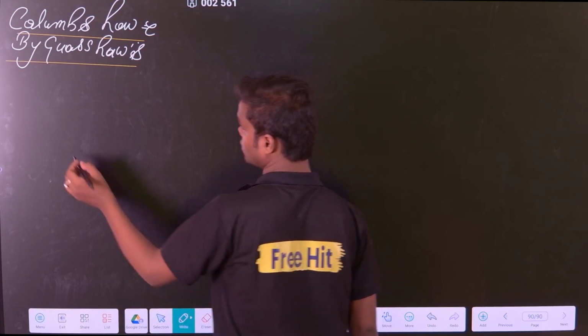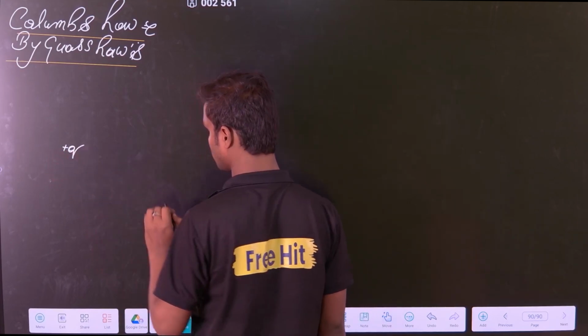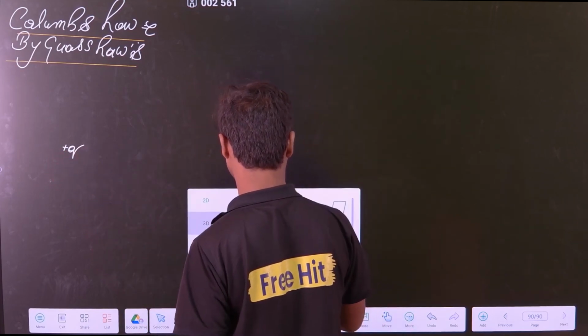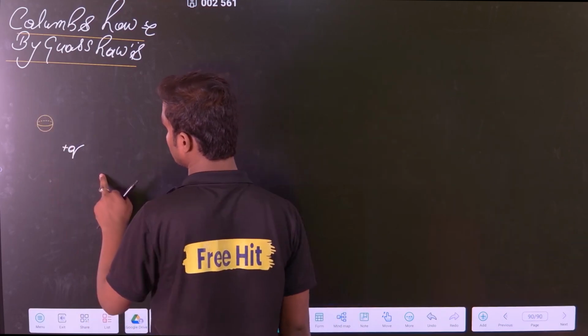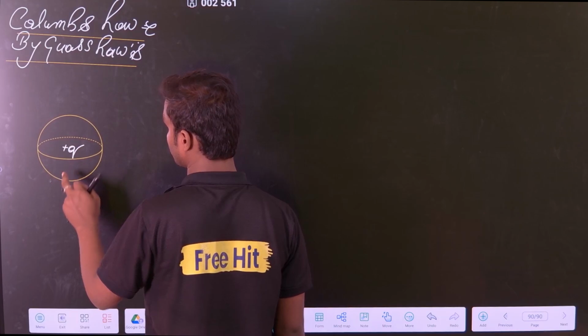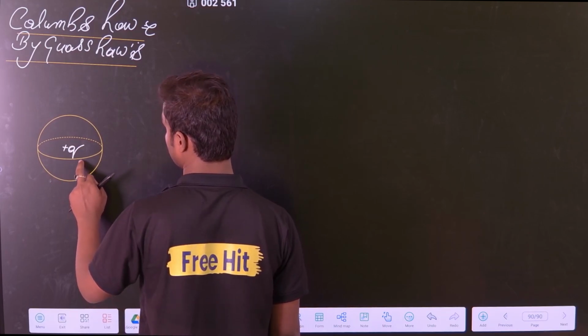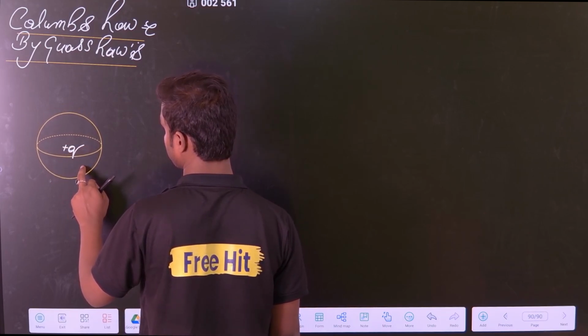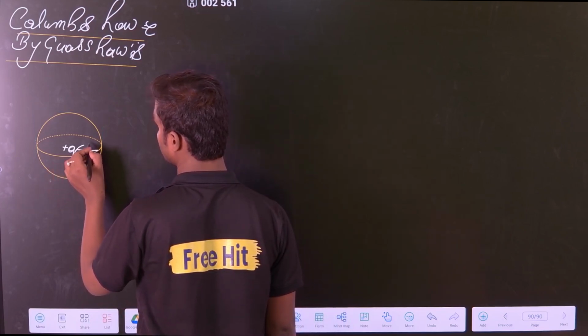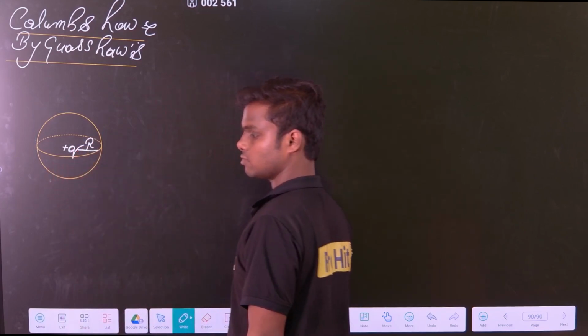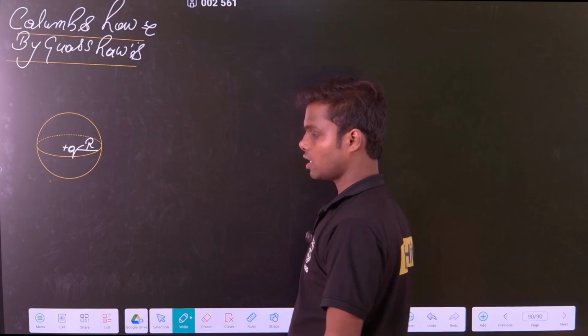So let us take a point charge plus q, and for this what will be my Gaussian surface? It is going to be a sphere having radius r. Any doubt?